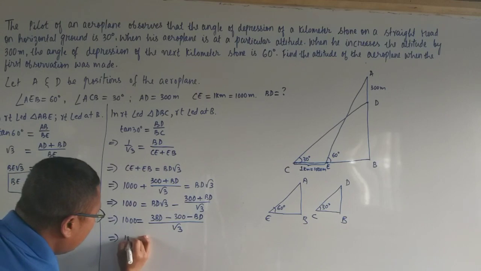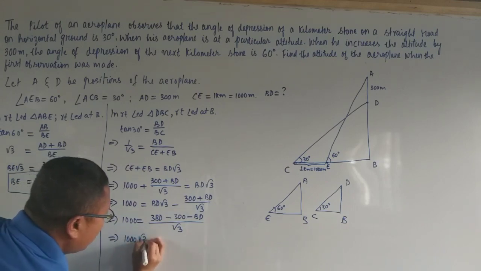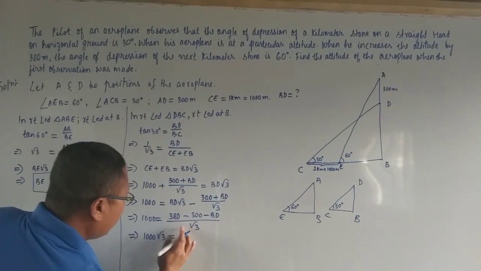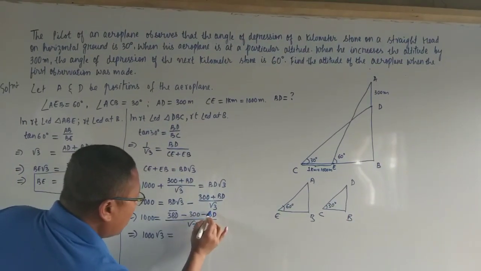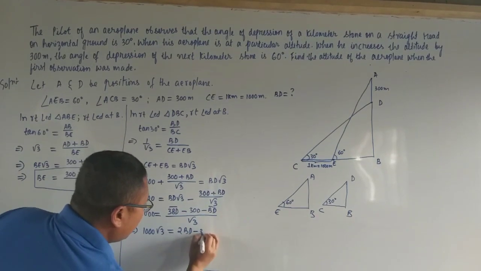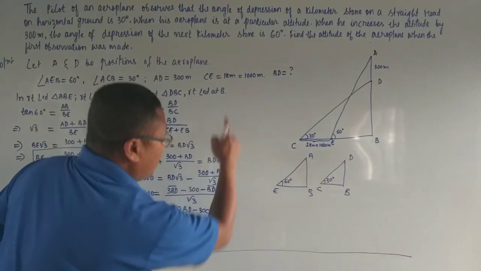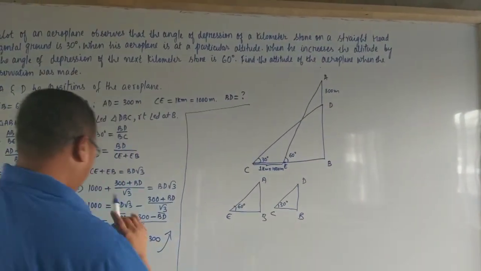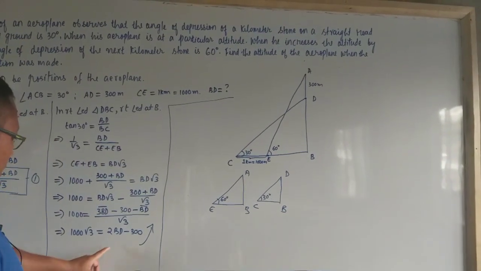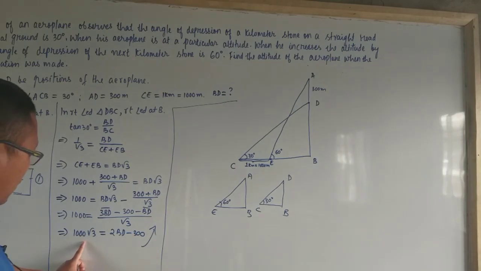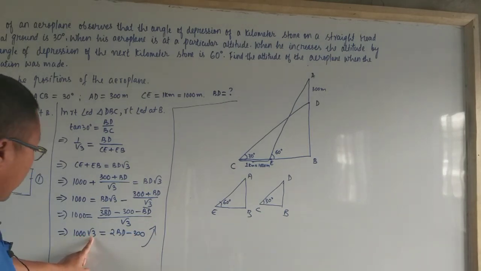So this is 1000 root 3 equal to 3BD minus BD would be 2BD minus 300. I'm going to continue on this side. So now I'm going to transfer this 300 to the left hand side and take the value of root 3, which is 1.73.